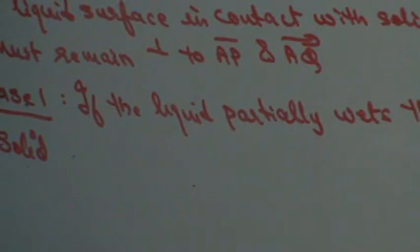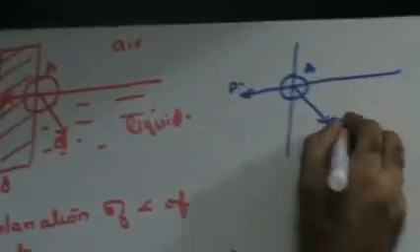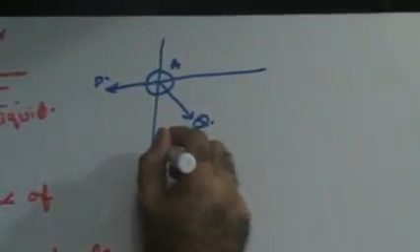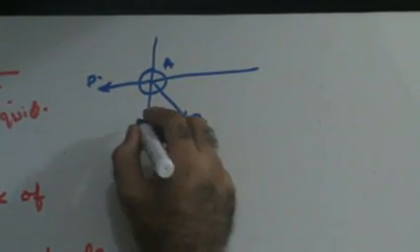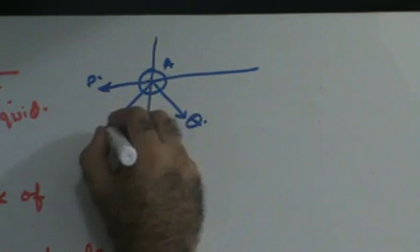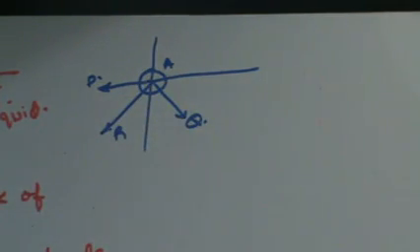This is your solid, this is your surface of liquid, you have point A, sphere of influence, you would have an adhesive force, that is AB vector, you would have a force at 45 degrees, this is AQ vector, right? Now it has to remain perpendicular to the liquid surface. That means I would have a resultant force here somewhere, AR vector, right?